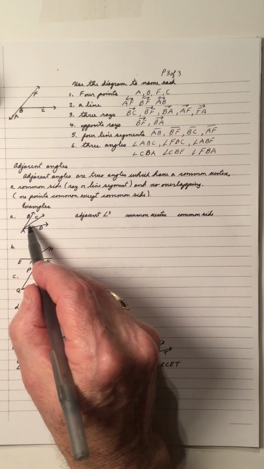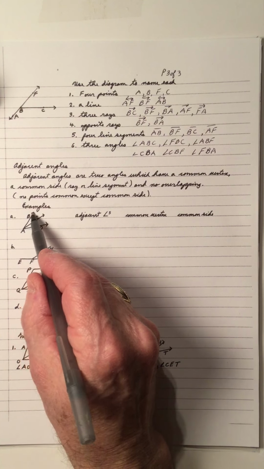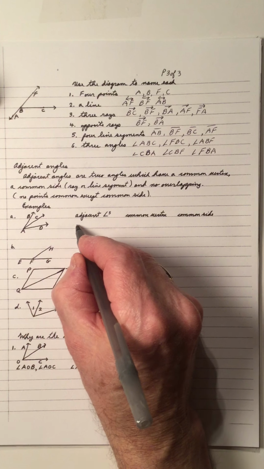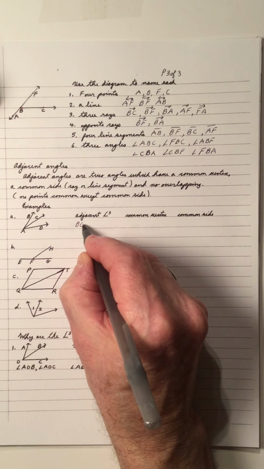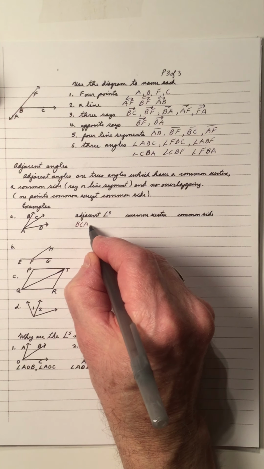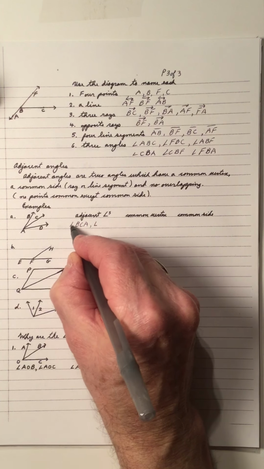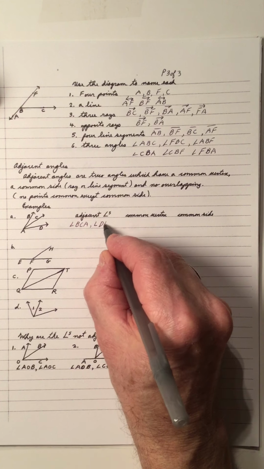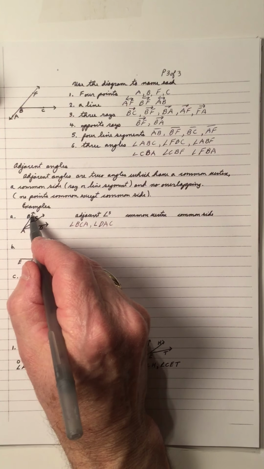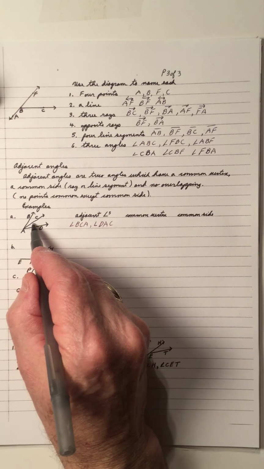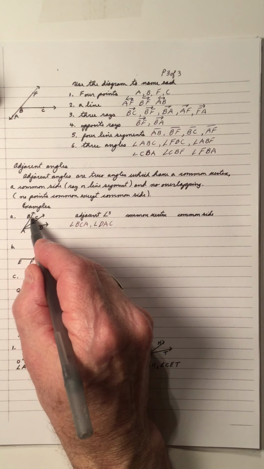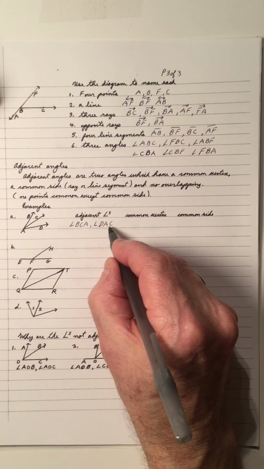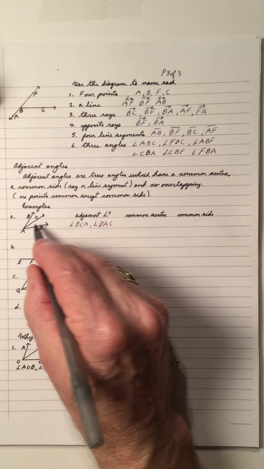Here we have the rays AB, AC, AD. So the adjacent angles would be angle BAC and angle DAC. Did I say BCA?